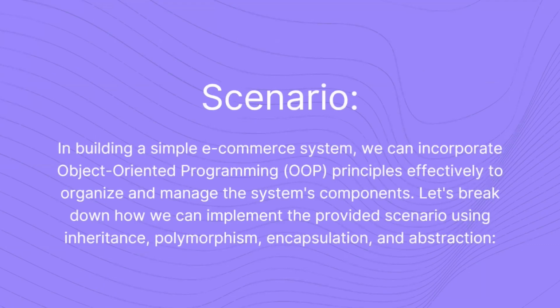A scenario in building a simple e-commerce system: we can incorporate object-oriented programming principles effectively to organize and manage the system components. Let's break down how we can implement the provided scenario using inheritance, polymorphism, encapsulation, and abstraction.